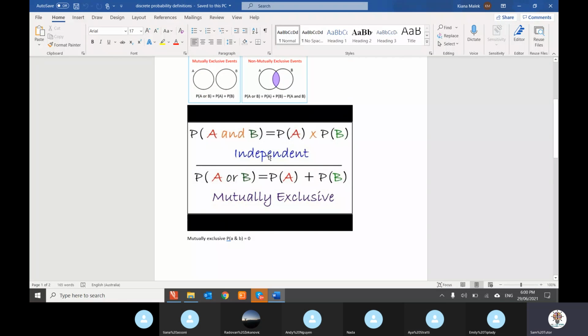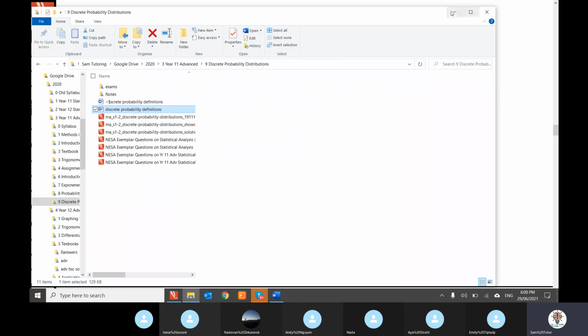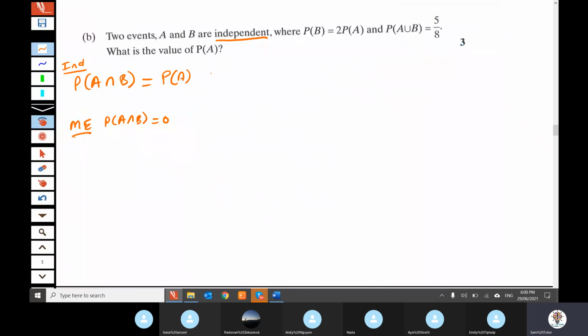Probability of A and B is equal to probability of A times probability of B. But for mutually exclusive, probability of A and B is equal to 0. Whereas for independent, it's probability of A times probability of B. It was right in front of me. I know, that's why I keep saying refer back to it.